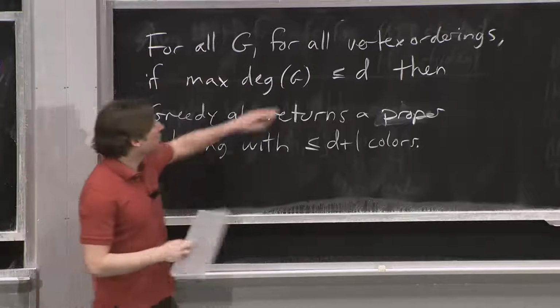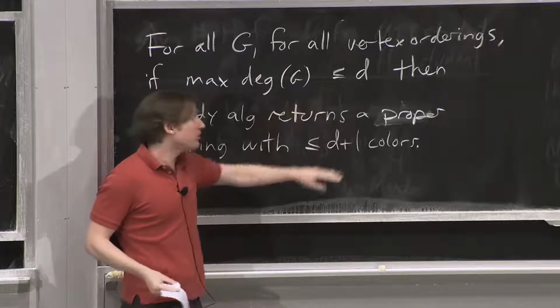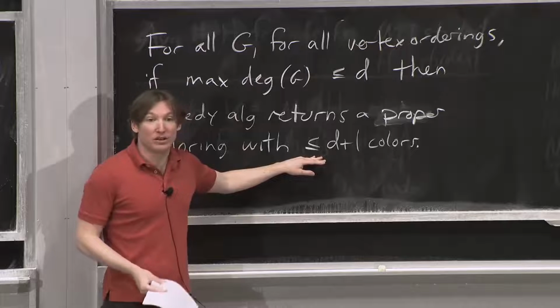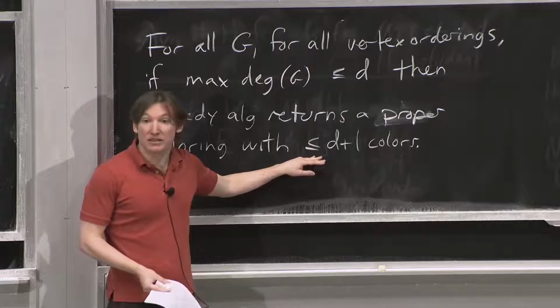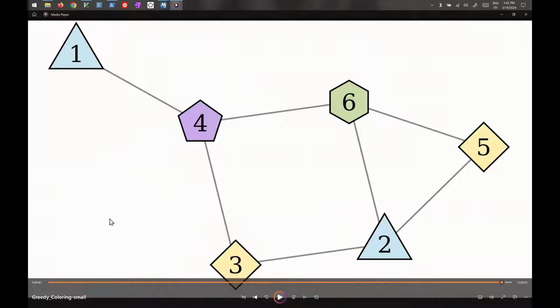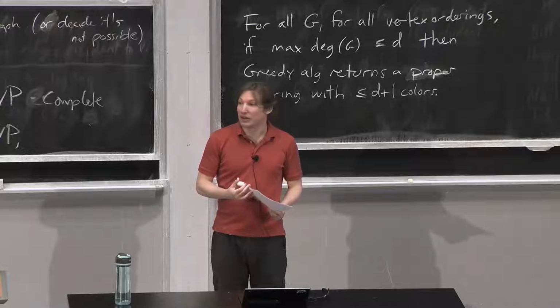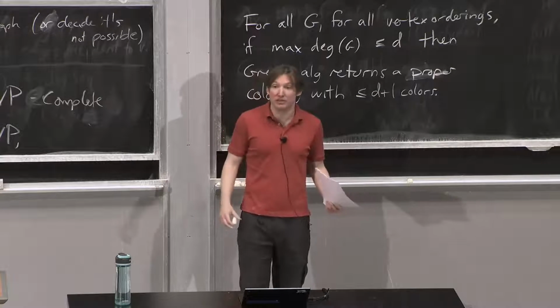So if all the vertices of the graph have degree at most d, then the greedy algorithm will use at most d plus 1 colors. Does the statement make sense? So in this example, all the degrees are 3 or less. So we're guaranteed to produce a coloring that uses at most 4 colors. And I want to emphasize this depends on the degrees of the vertices, not the number of vertices.